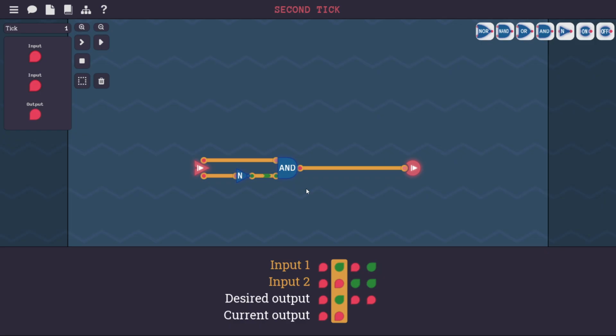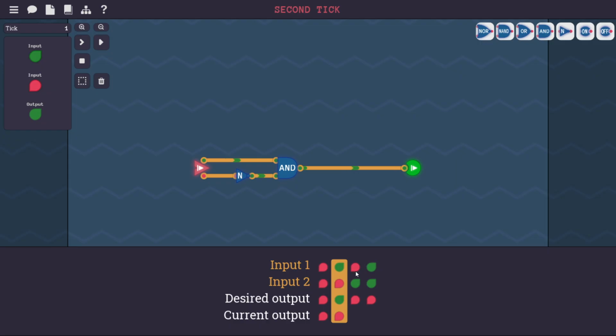On, let me just use on. Yeah, it's on. And if the first input is green, is on, and the second input is off, we are supposed to get an on, which is okay in this case.